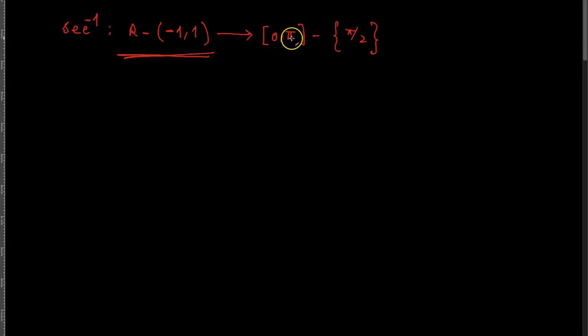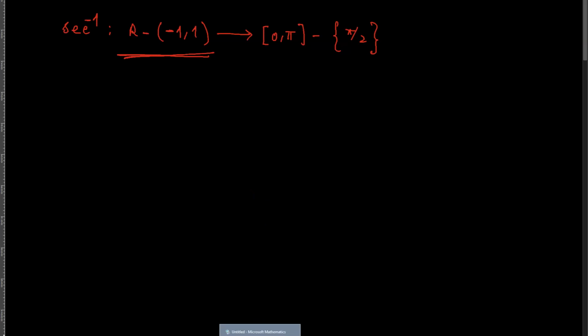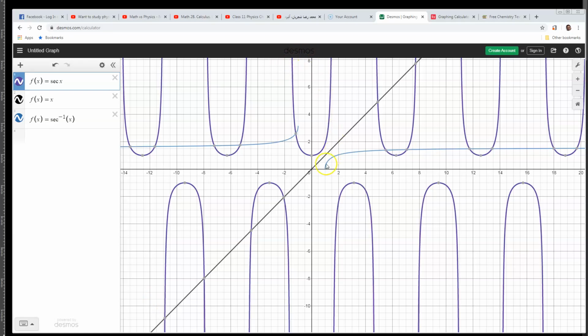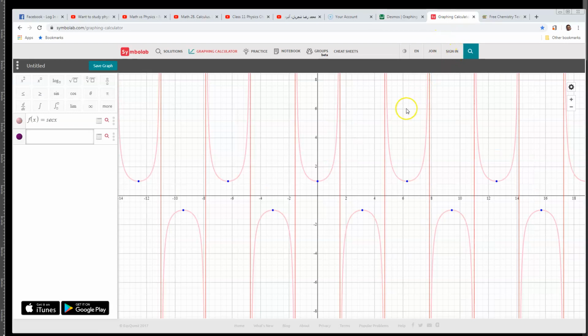And then the range of the function is 0 to pi minus pi by 2, meaning that 0 to pi basically gives you 0 to pi minus pi by 2, meaning that you will get, let me draw, most probably a vertical asymptote for this function, if I can actually find it.